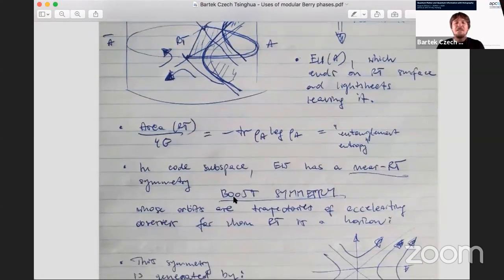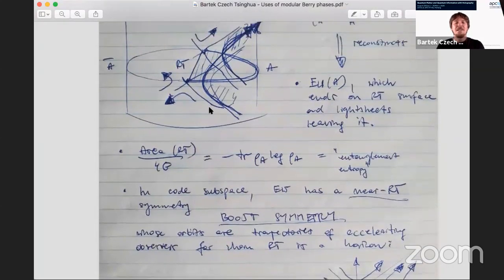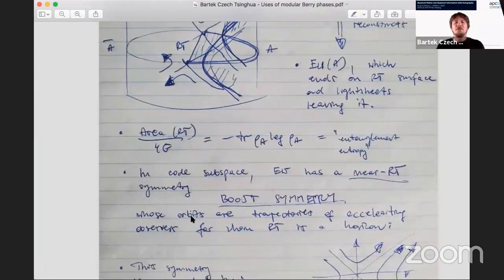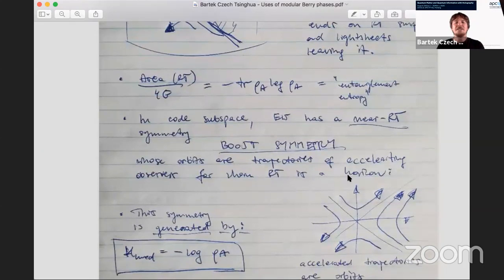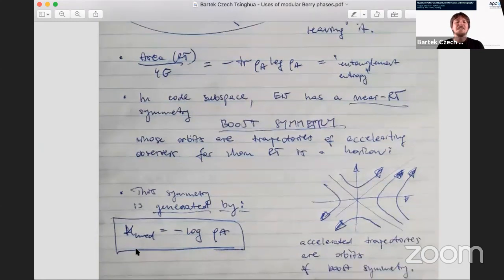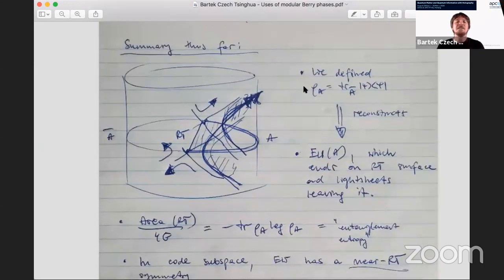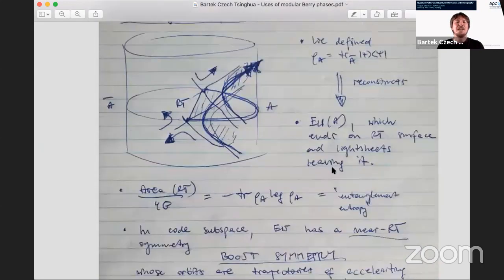And orbits of that boost symmetry are trajectories of accelerating observers for whom the RT surface is the horizon. I can ask what generates this symmetry. And the answer is that it's generated by the modular Hamiltonian, which is minus log rho A. It's minus the logarithm of the density matrix I had here.